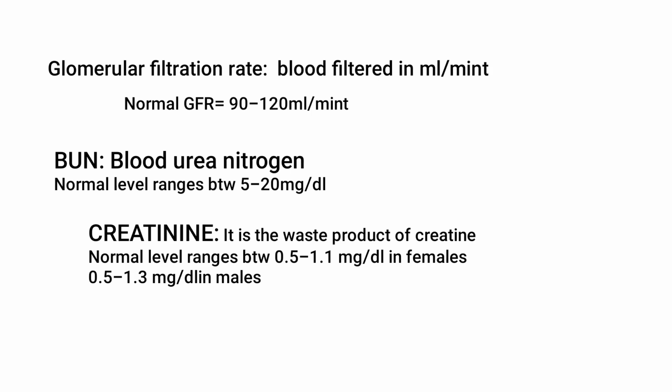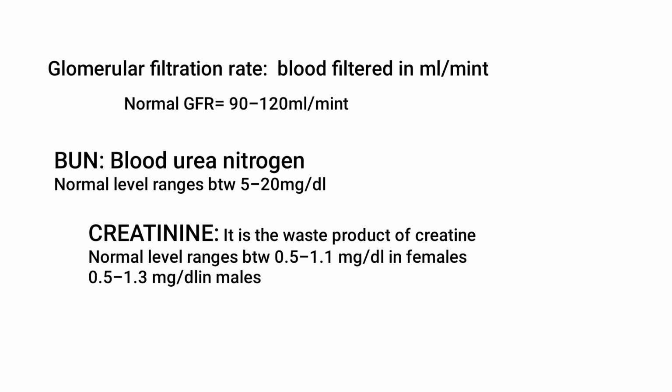Now come to the word creatinine. Creatinine is basically a waste product of creatine. Now creatine is a protein that helps to transform ADP to ATP and its waste product is creatinine. Now the normal level ranges between 0.5 to 1.1 milligram per deciliter in females.